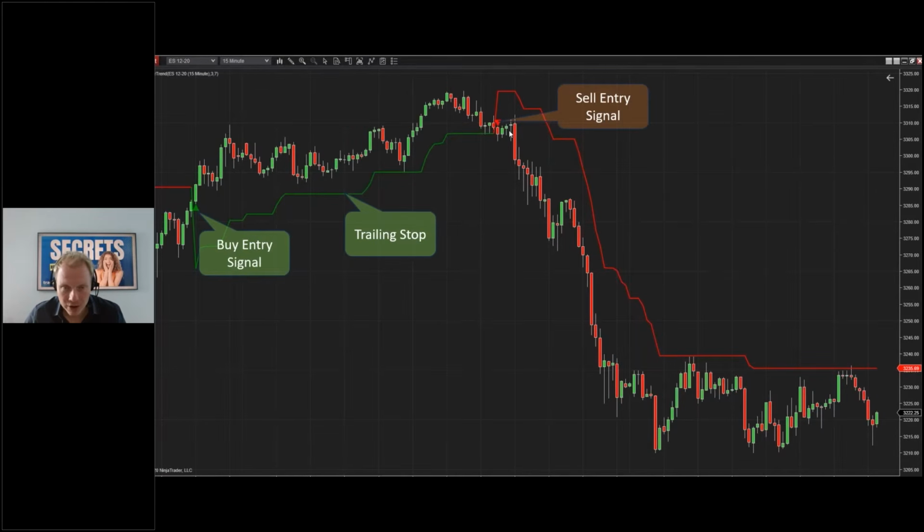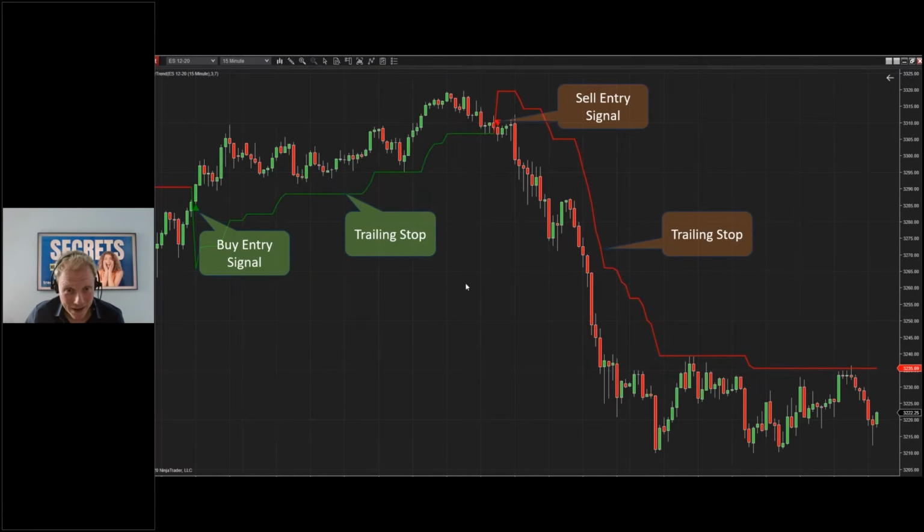We then go short the market and we stay short all the way down until this trailing stop is broken once again. And once the trailing stop is broken, we go long. We go long again. And this alternates over and over again. And this is the idea of the classic SuperTrend indicator, a great indicator. And I think thousands of traders have used this indicator, the original one, successfully.